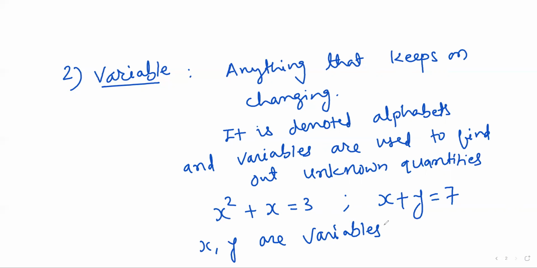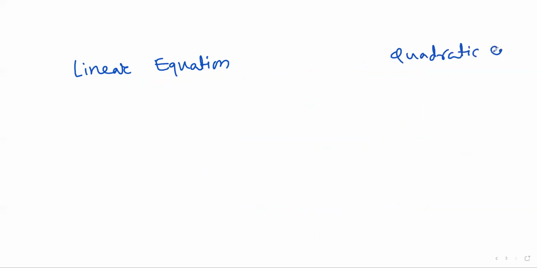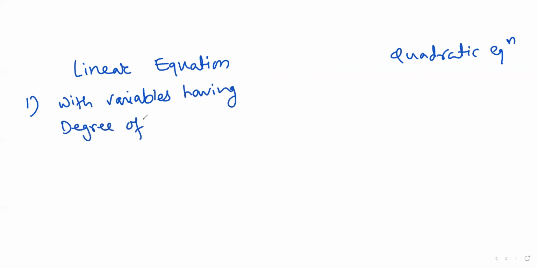Right? Now let's understand what is meant by linear equation and quadratic equation. Linear equation means an equation with variables having degree of variable is 1.